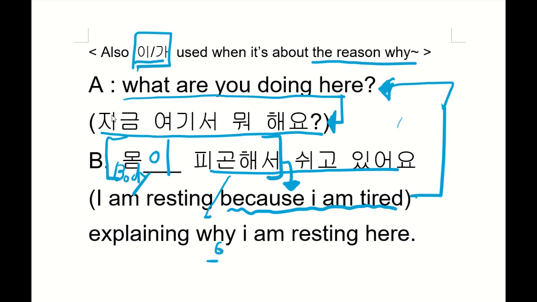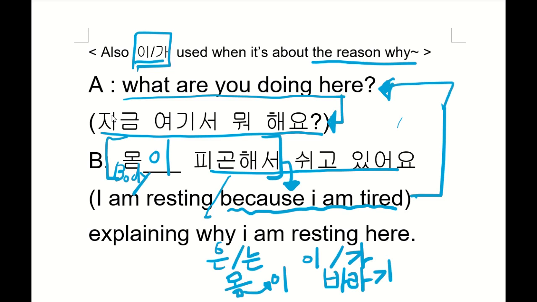And like 은는, 이가 is also the same. 이, 몸이, when it ends with a consonant. And the other one, 바라, 가. It ends with a vowel, right?